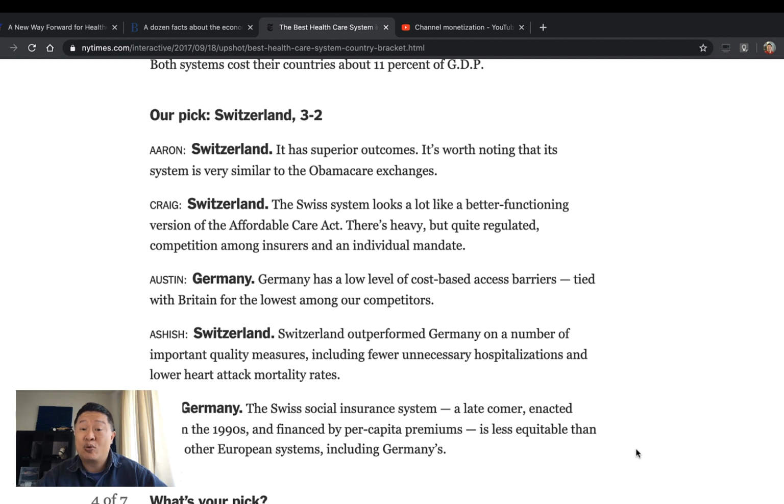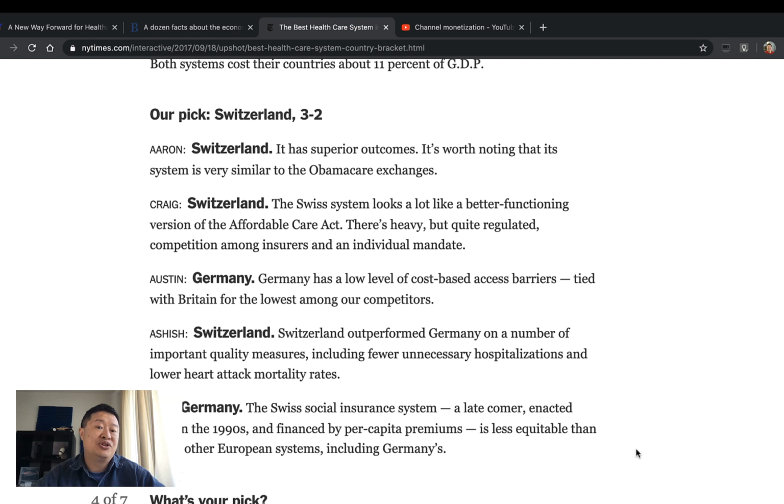There is heavy but quite regulated competition among insurers, and it has that individual mandate that requires everyone to get insurance. You cannot opt out of it. As an example, in Switzerland, there are fewer unnecessary hospitalizations as well as lower heart attack mortality rates.